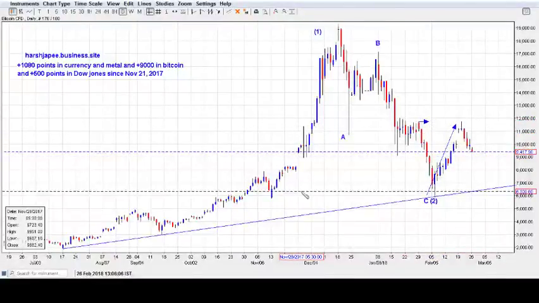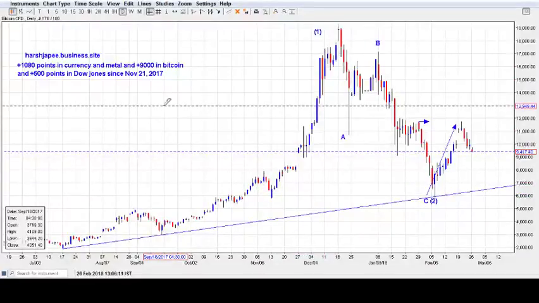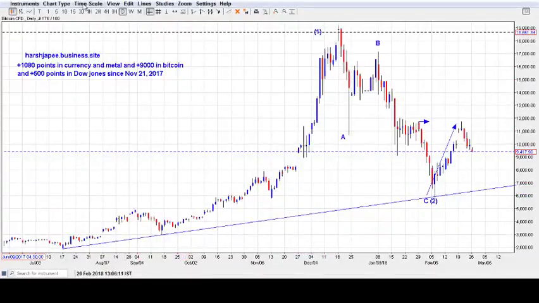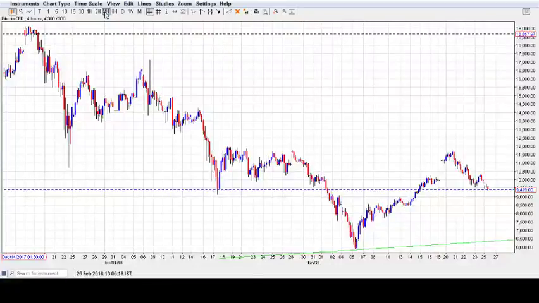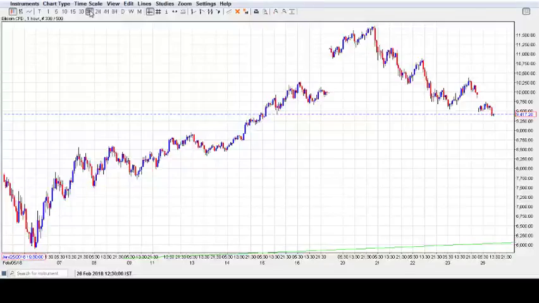So, what are the smaller timeframe wave counts? Let's look into that. Probably 4 hour, or maybe even an hourly chart would be fine.